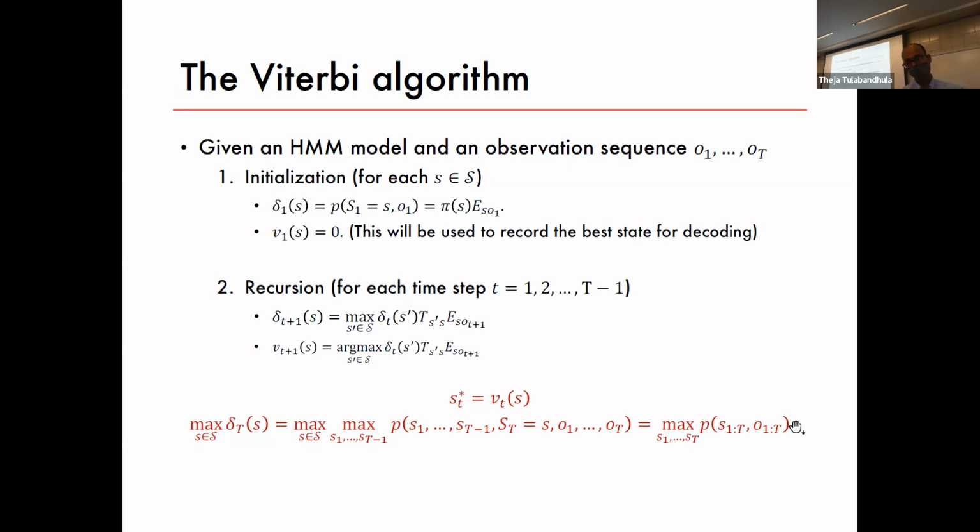So our original problem, what is the likely state given observations, is exactly this problem. If you have a joint distribution over states and observations, tell me what is the sequence of states that maximizes the joint distribution. That's the problem here, and that's exactly equal to max over S of delta T of S, and so I can compute delta T recursively. So computing the most likely state is also achievable via dynamic programming.